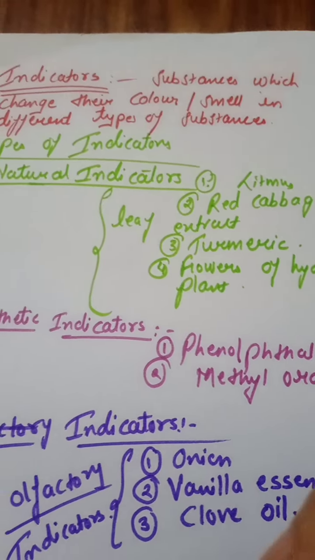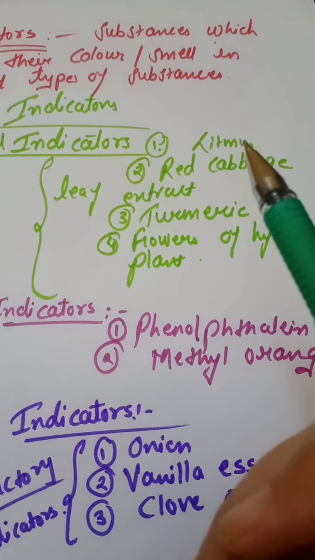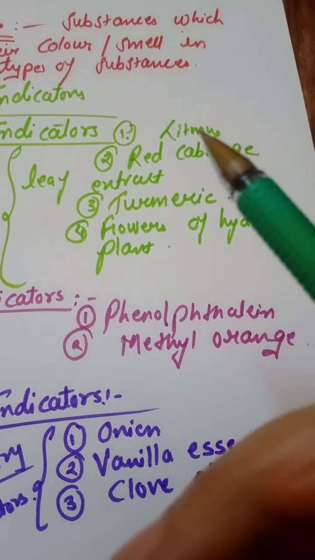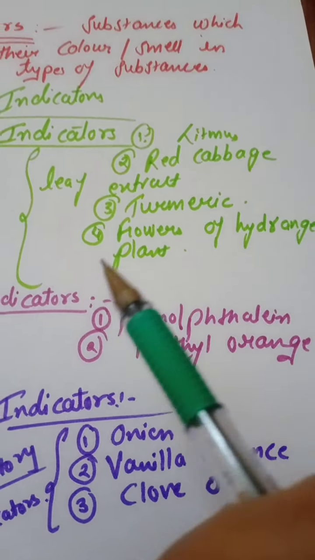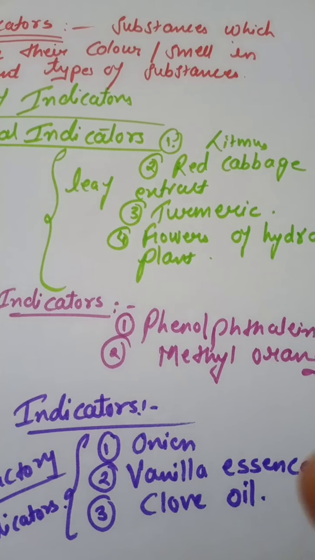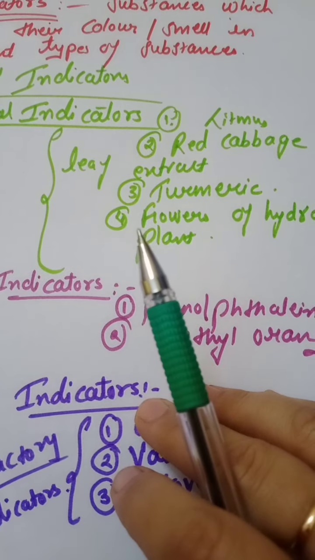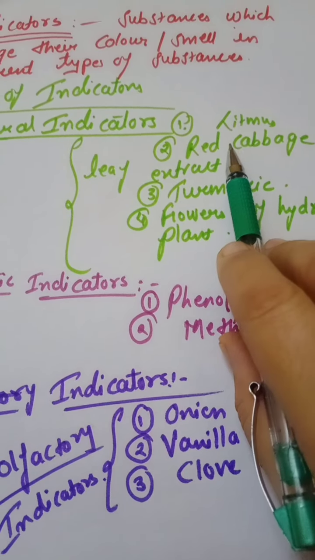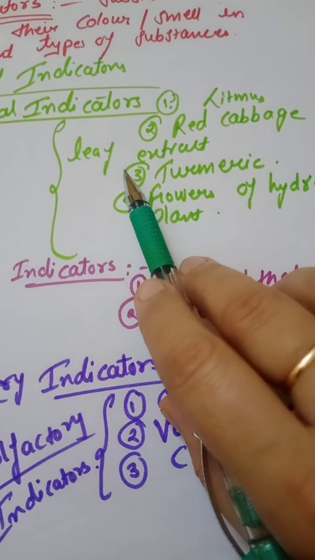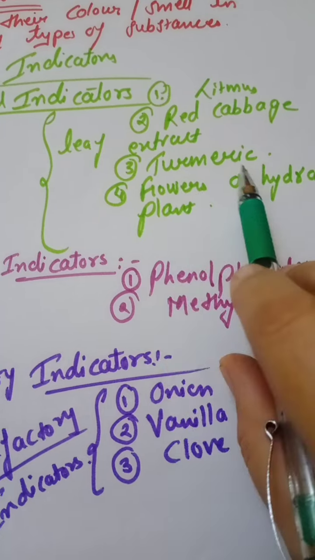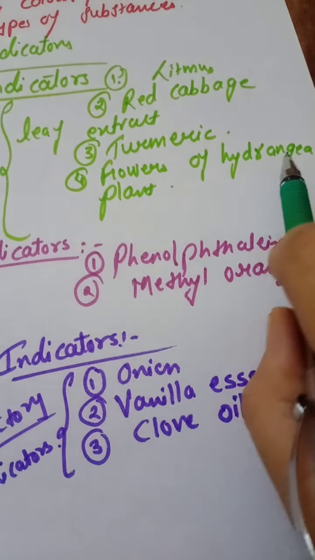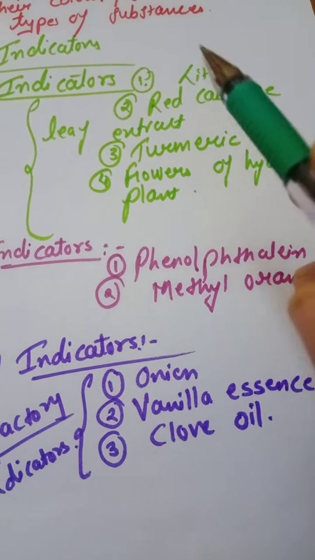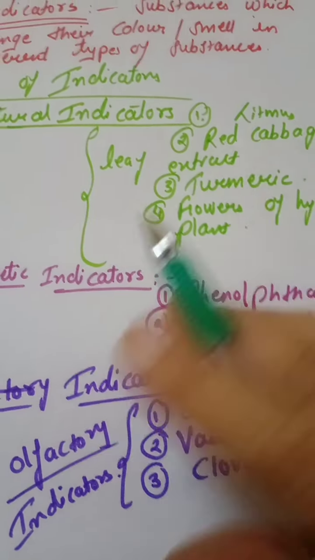Examples: beetroot extract, colored petals, red cabbage, onion peel, etc. More examples you can take: litmus, red cabbage leaf extract, turmeric, flowers of the hydrangea plant. These are some examples of natural indicators.